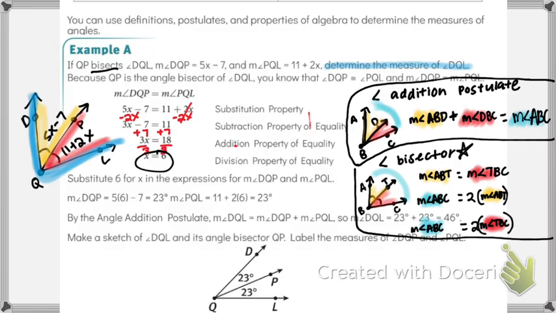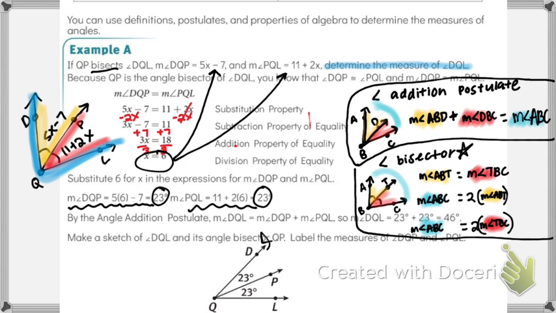So what you're going to do is take this 6 and substitute it into the pieces. Now, you don't have to do both of them like they did. They substituted into DQP, and then they took that 6 and did it into PQL, and they got 23 and 23. If they're both 23, the full thing is going to be when you add 23 and 23 together, which is 46 degrees.